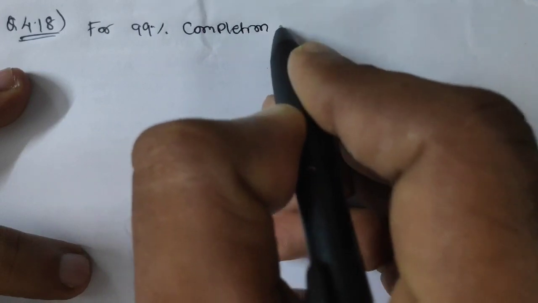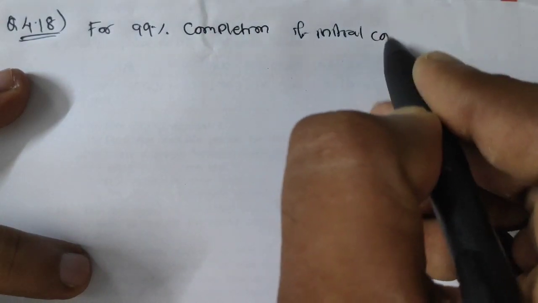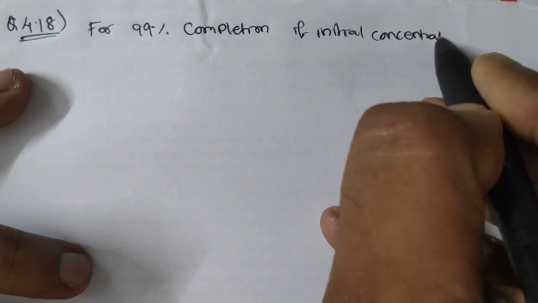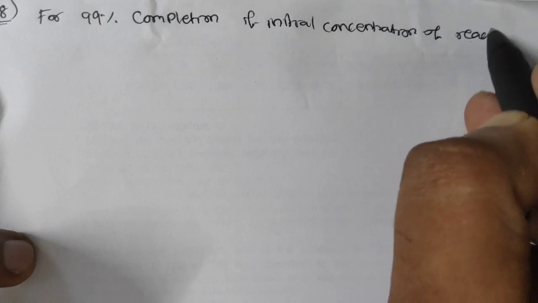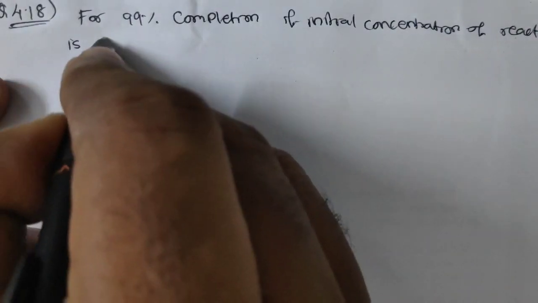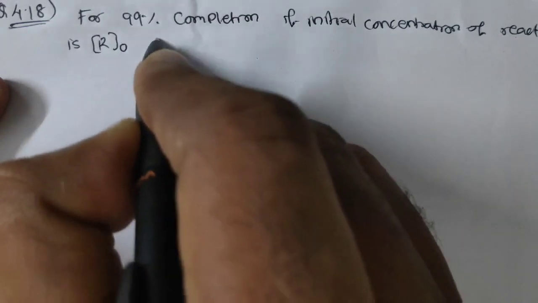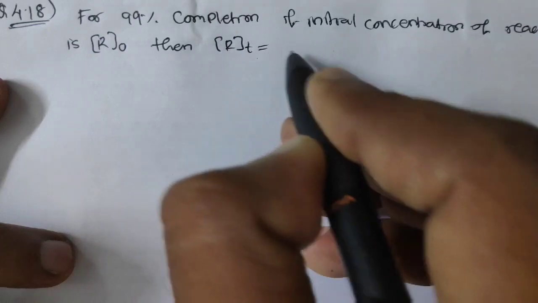Okay, the question is, for 99% completion, if the initial concentration of the reactant is R0, then we can write Rt. Rt means what?